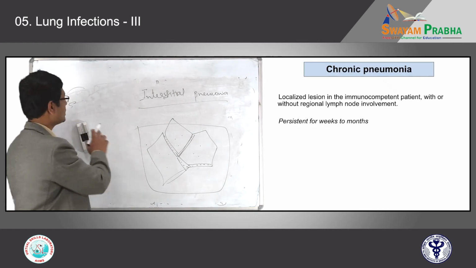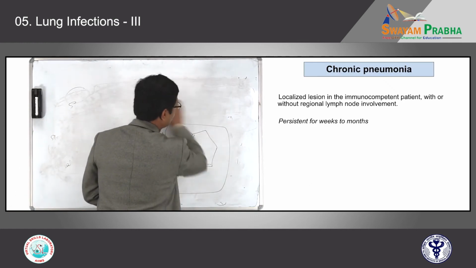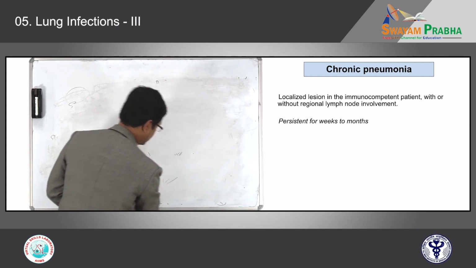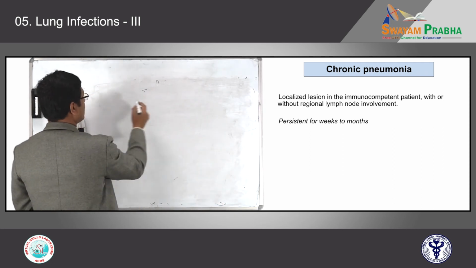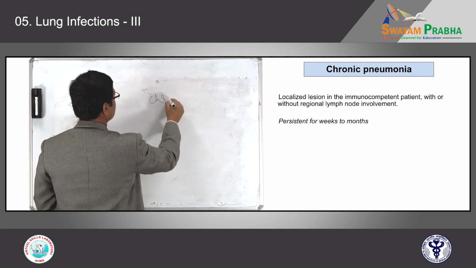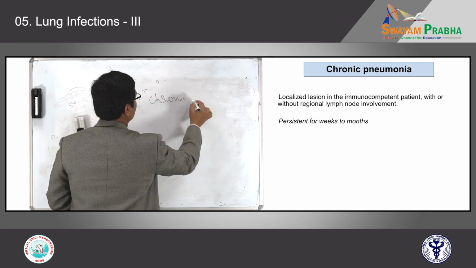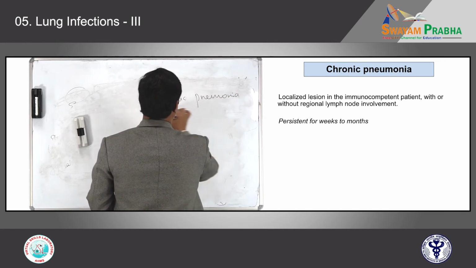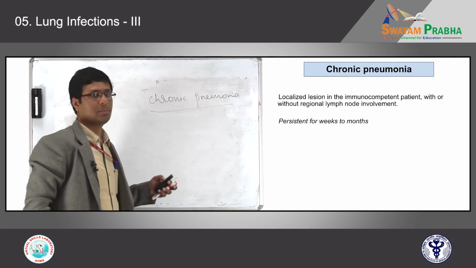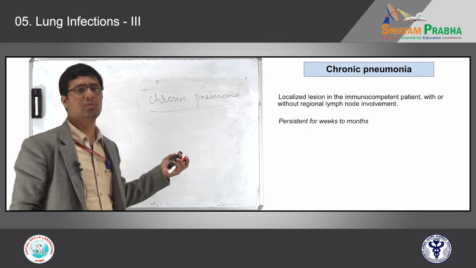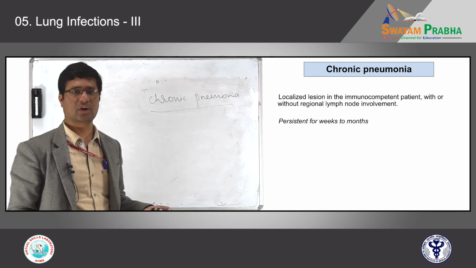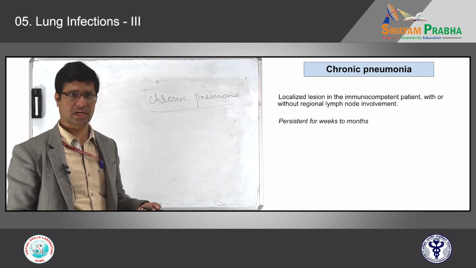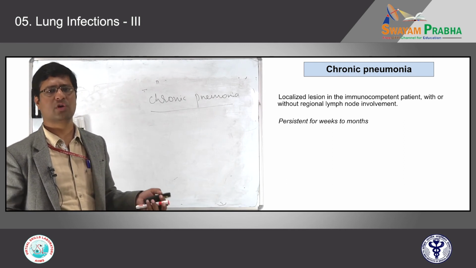Okay. The next thing you should remember is, we spoke about acute pneumonia, and a few words about chronic pneumonia. What is chronic pneumonia? The previous categories I mentioned, community acquired pneumonias, atypical, typical, nosocomial pneumonia, are mostly acute.